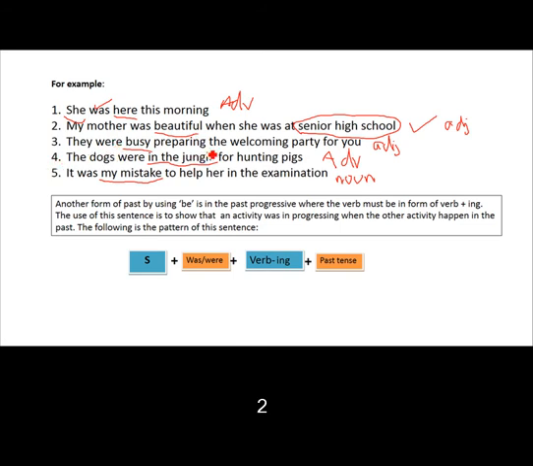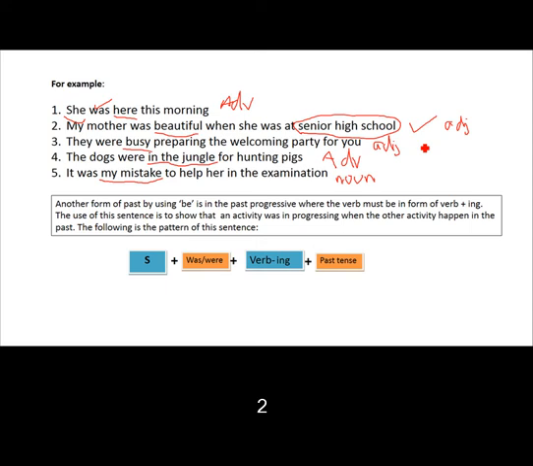They were busy preparing the welcoming party for you. Now, do you think that they are still busy? No, they were busy before. And the welcoming party is also over. So they are relaxed because they are not preparing anything for the welcoming party anymore.